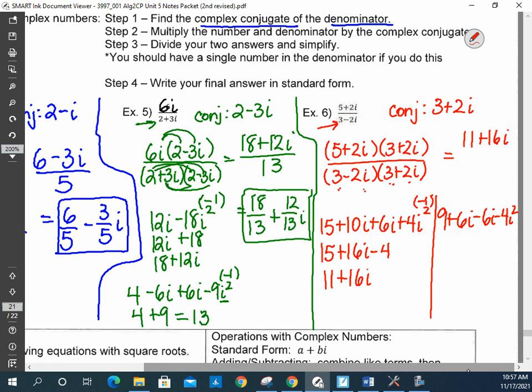So then you do your simplifying. 6 minus 6 is 0. i squared is negative 1, so 9 plus 4 gives you 13. So 11 plus 16i over 13. So 11 over 13 plus 16 over 13i.